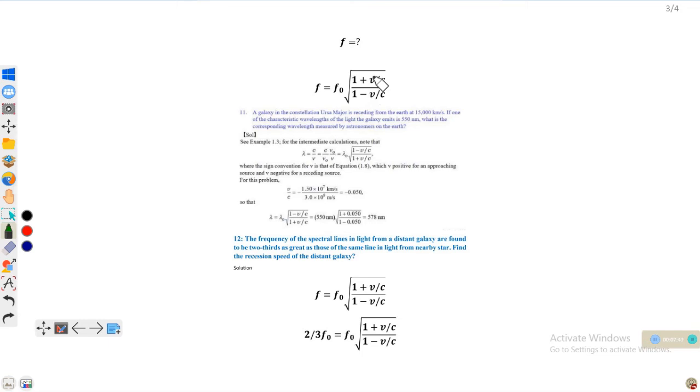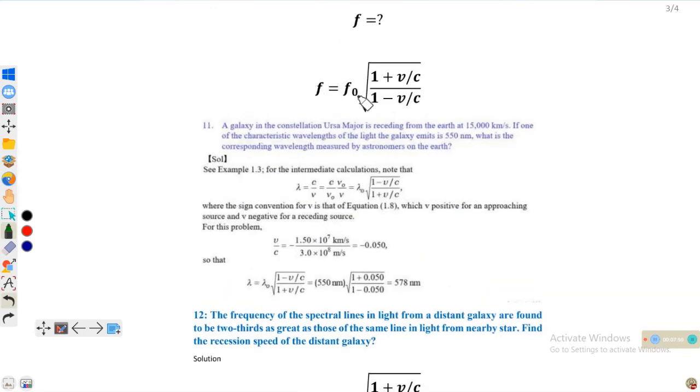We are given the speed and the frequency at rest, so this will give us F, the observed frequency. If you put the value of V in the top and bottom of the expression, and F naught here, we will get the value of that frequency.